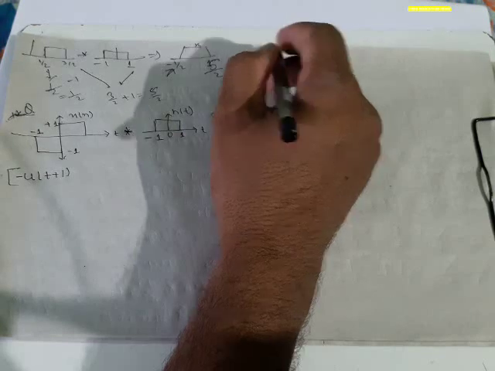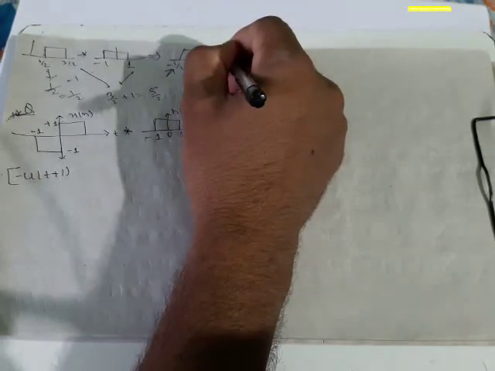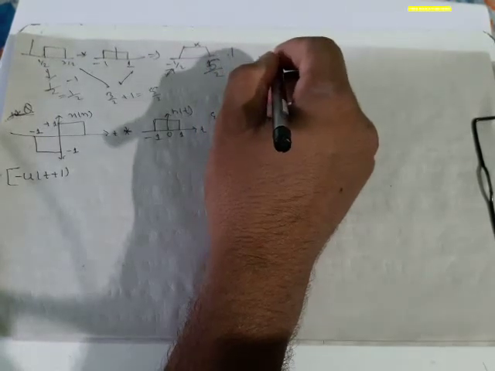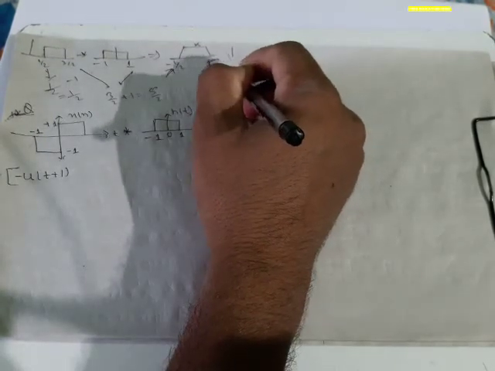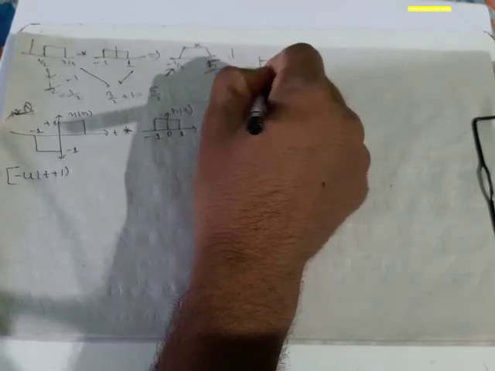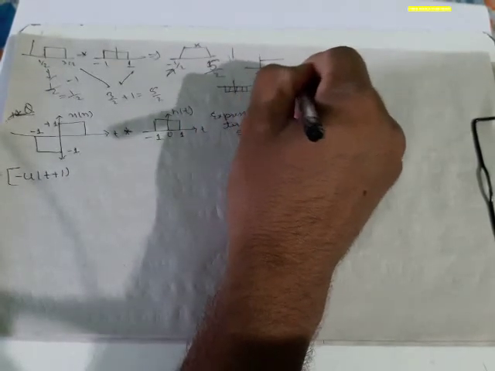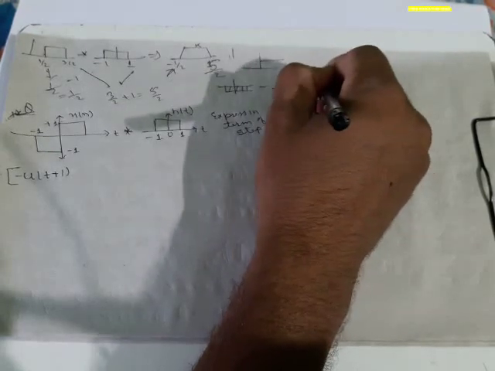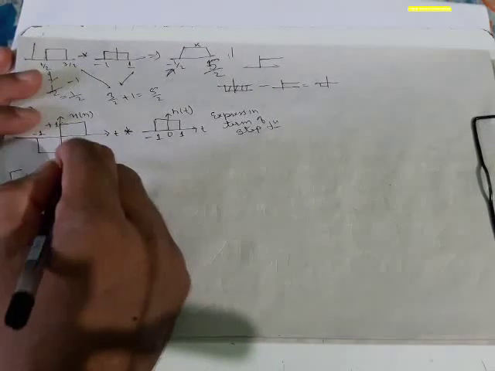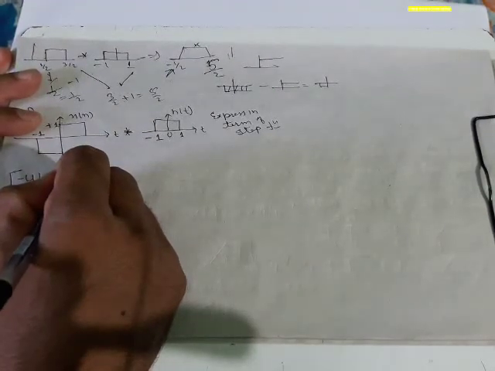For the third one we will get minus r of t. For the fourth one, we will get r of t. For the fifth one, we will get minus 2 into r of t minus 1. For the sixth one, we will get r of t minus 2.